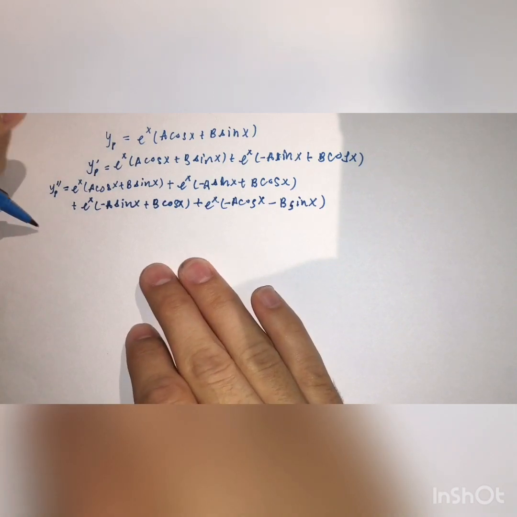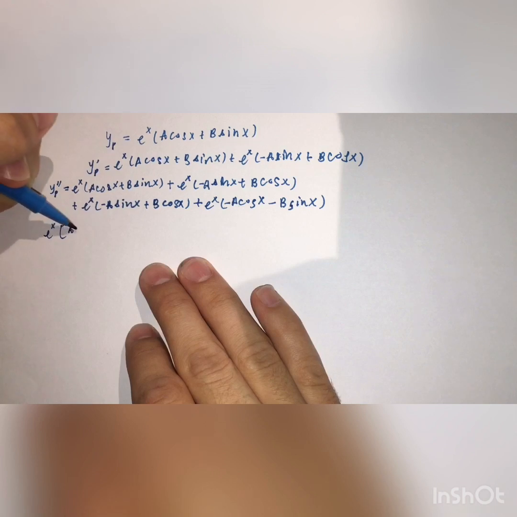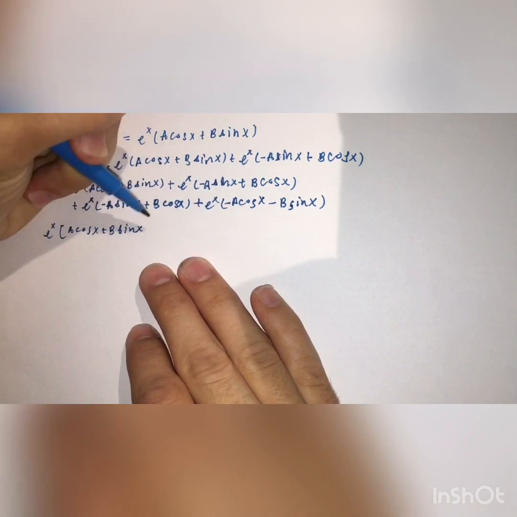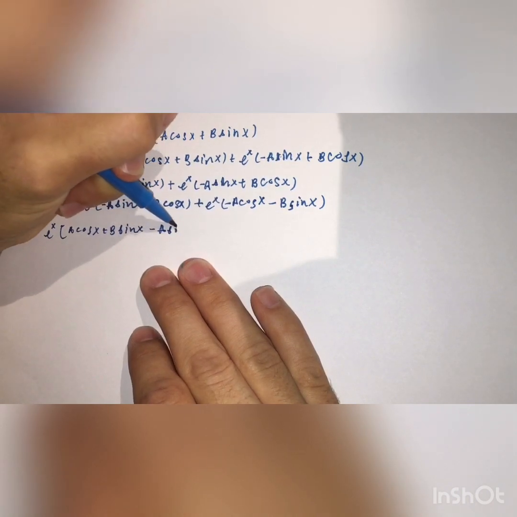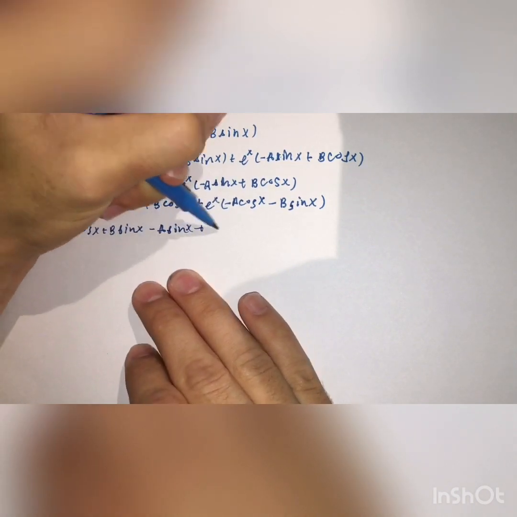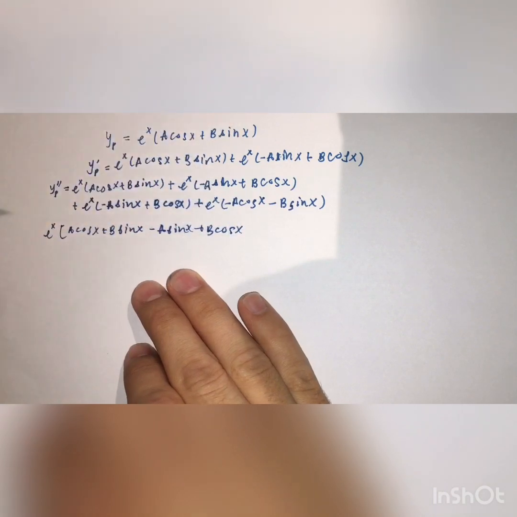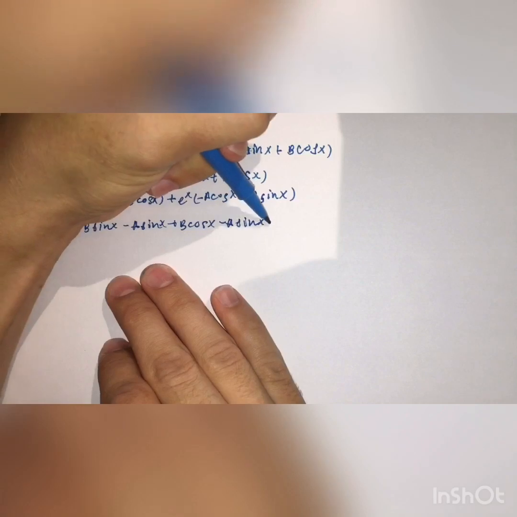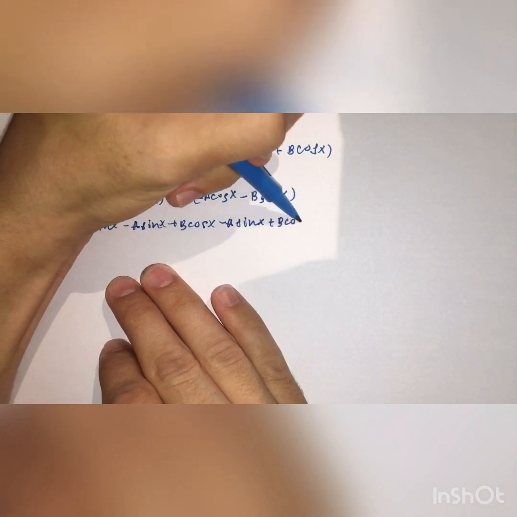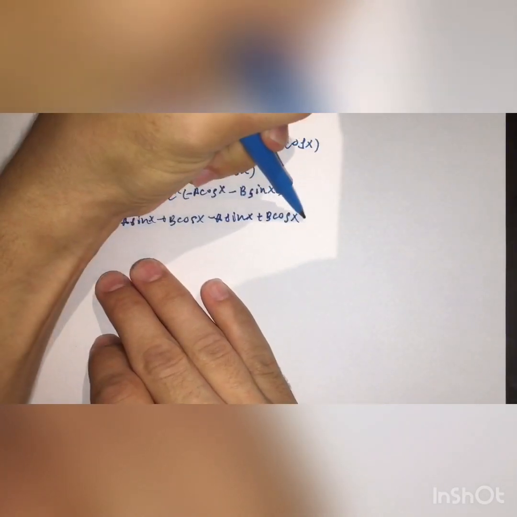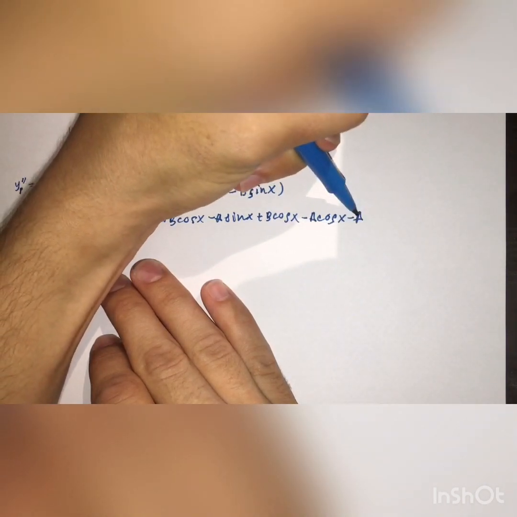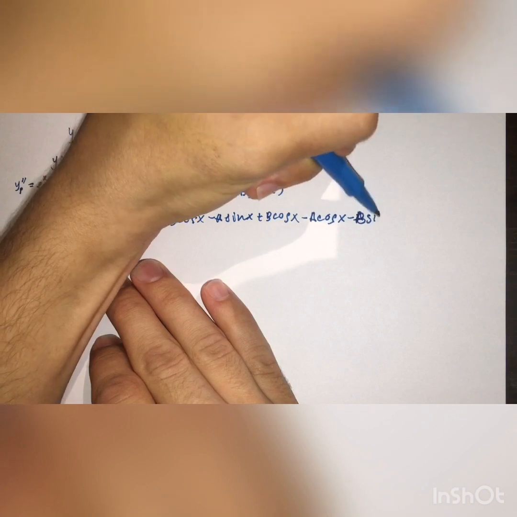Okay, now I'm going to factor out this e to the x. We have a cosine of x plus b sine of x minus a sine of x plus b cosine of x, minus a sine of x plus b cosine of x minus a cosine of x minus b sine of x.